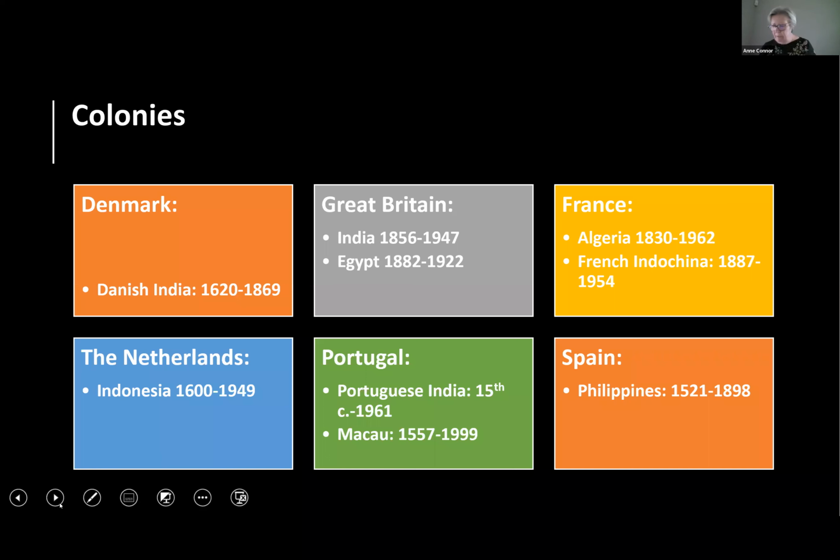So last time, unfortunately, that slide got lost in the track, but this shows the colonies that existed during that time. Denmark has the Danish India, mostly the coastlines. We have Great Britain from the middle of the 19th century until 1947 in India, and then Egypt from 1882 to 1922.